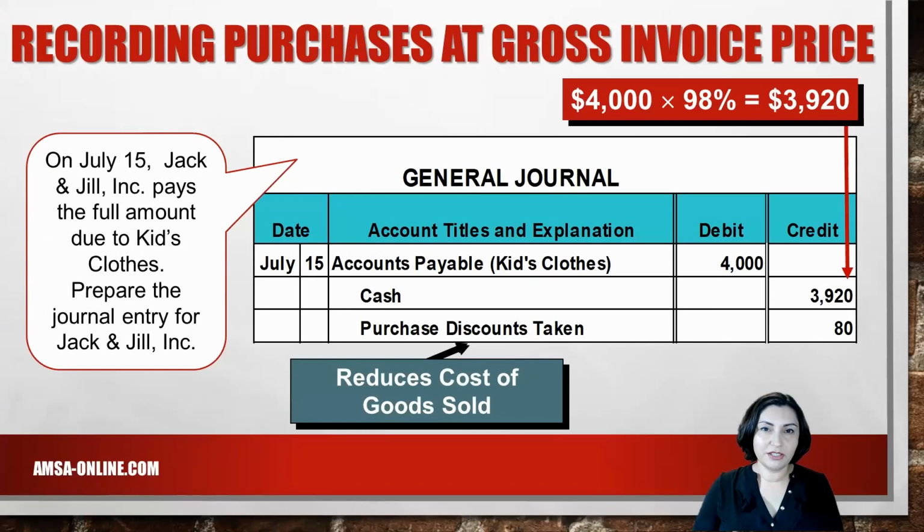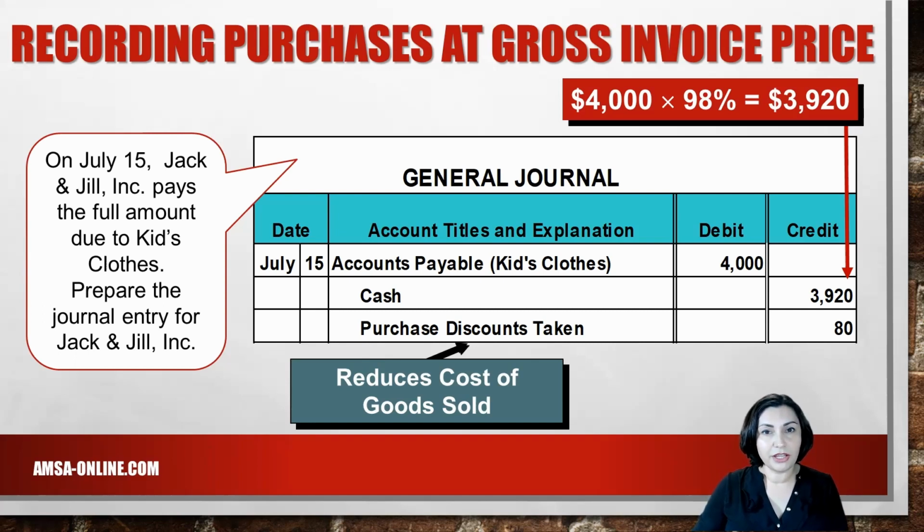On July 15th, Jack and Jill pays the total amount due to Kids' Clothes. Jack and Jill doesn't have to pay the total amount of $4,000 since they are paying within the discount period. As a result, the credit to cash is $3,920, which is the net amount. This payment removes the entire accounts payable of $4,000 and is recorded as a debit to accounts payable for $4,000.